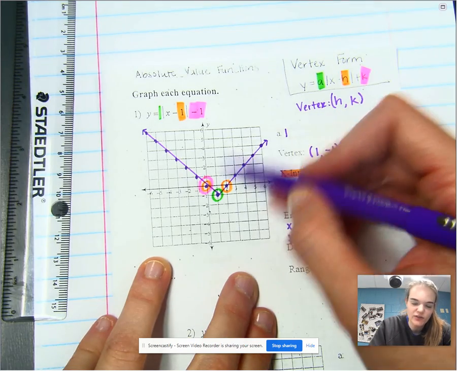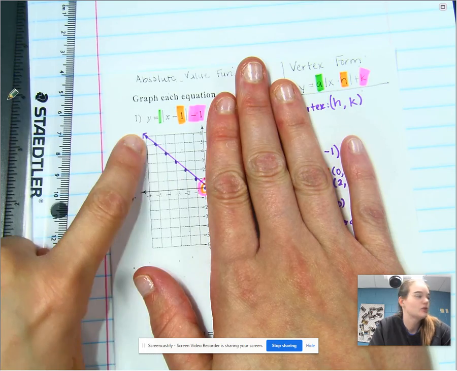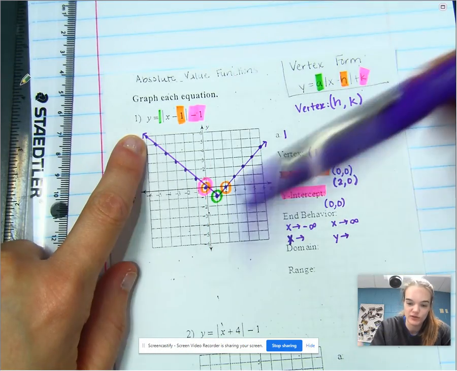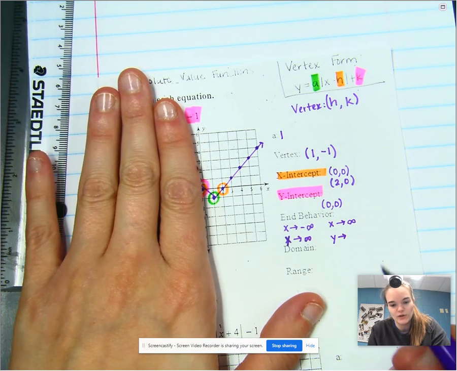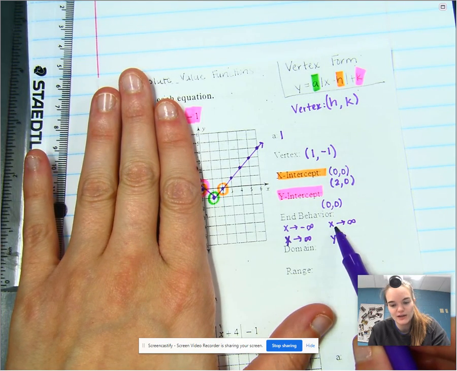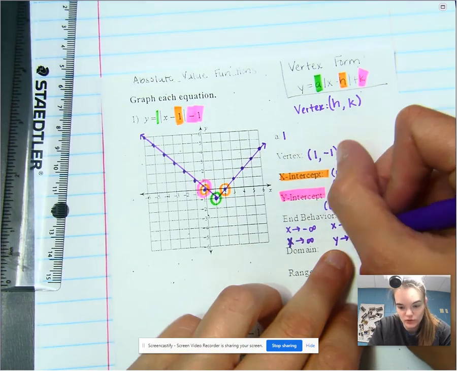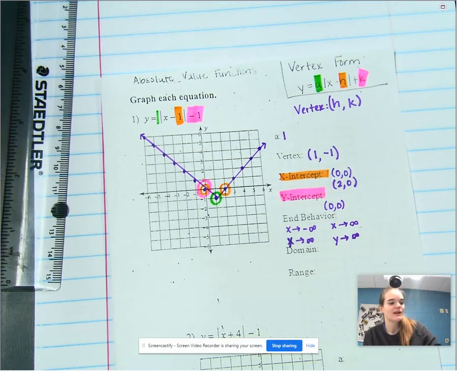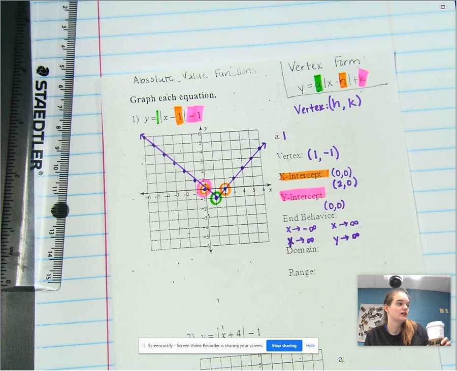Okay, when x, we're looking at the left side here, goes towards the negative numbers, y is positive, so it's going up, so it's positive infinity. On the right side, when x goes towards the positives, y is also going towards the positives. Remember when we had lines, it was the opposite, like you always had a negative and a positive? On absolute value, you're always going to have the same.